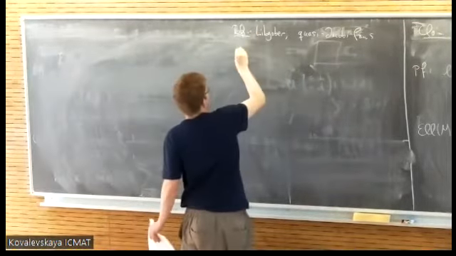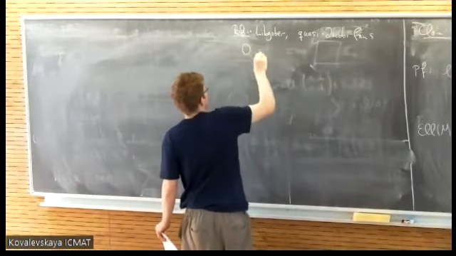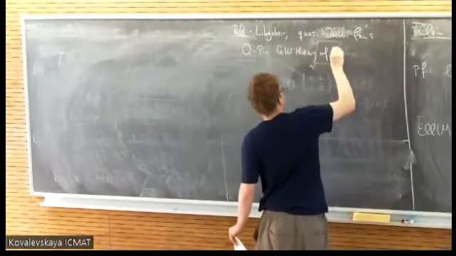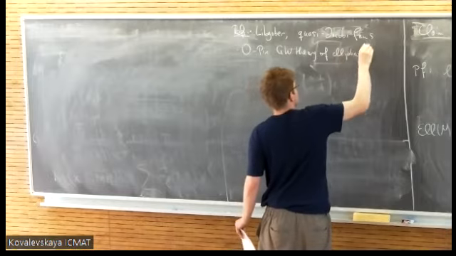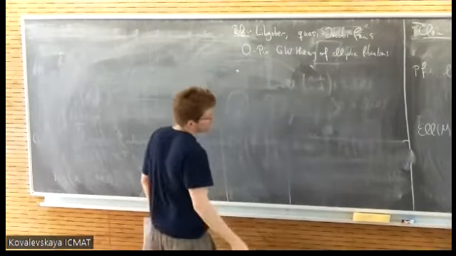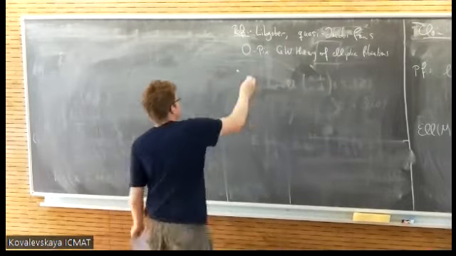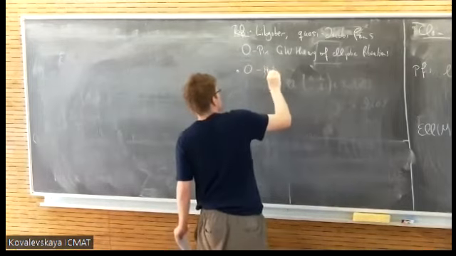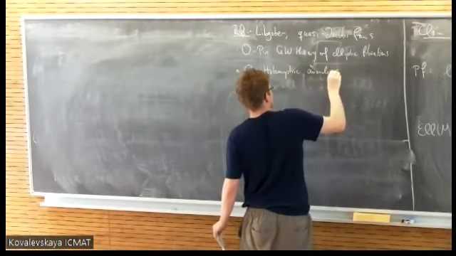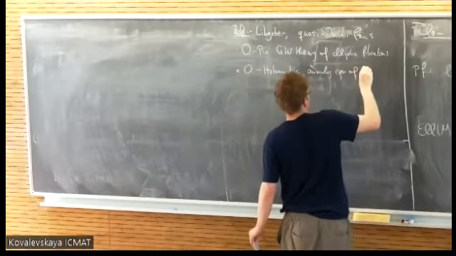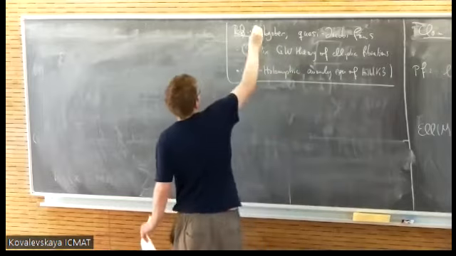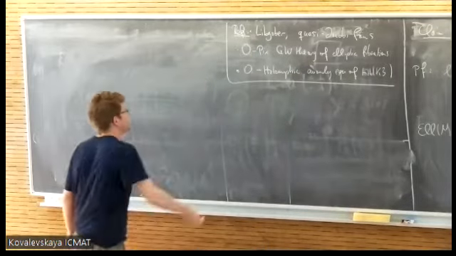And then, at least in the way I presented it here, there's a paper of myself with Aaron Pixton about Gromov-Witten theory of elliptic fibrations. And there's also a recent paper of myself on the holomorphic anomaly equation, which also has a nice summary of this. So I would first look there.